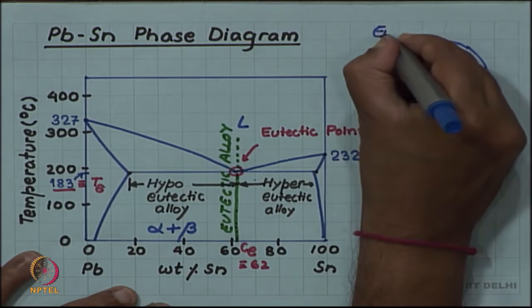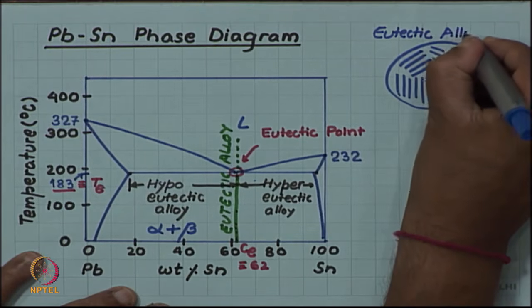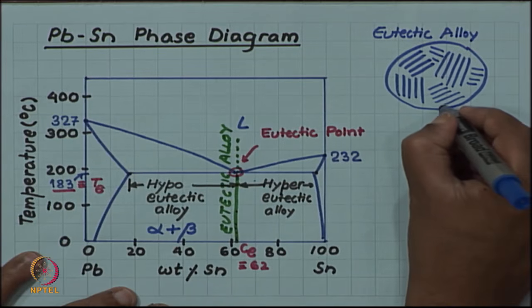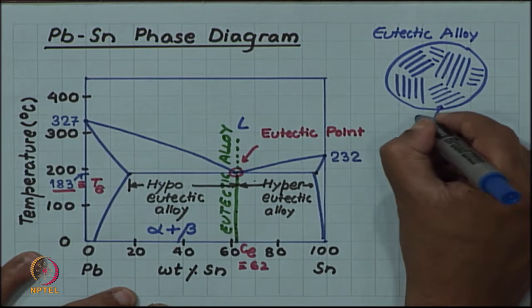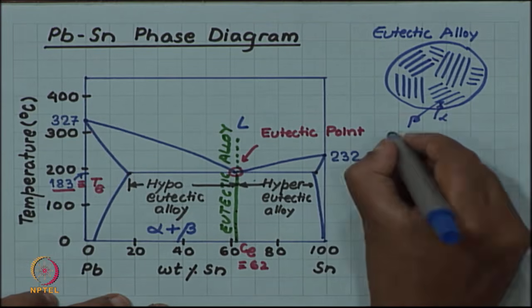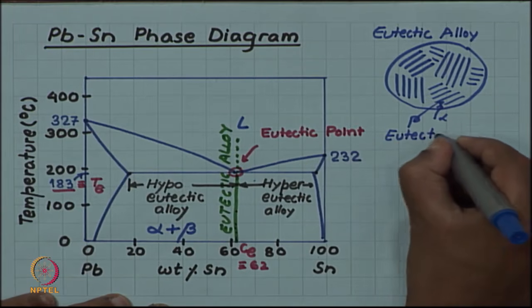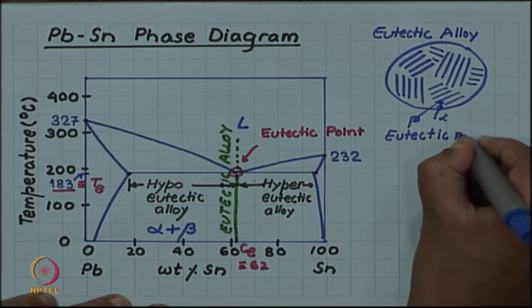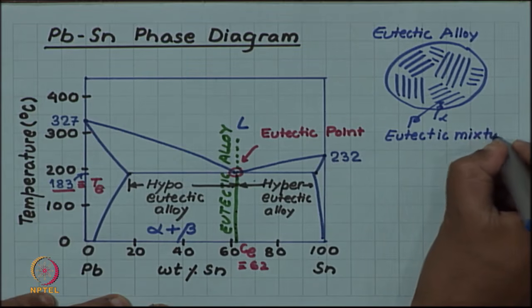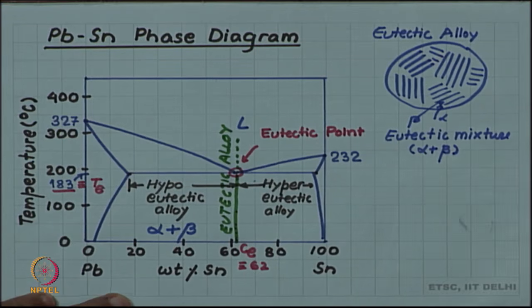This is the eutectic alloy. You have alternating plates of alpha and beta. This particular microstructure is called eutectic mixture. It is a mixture of alpha plus beta phase. So, eutectic mixture is not a phase, but a mixture of two phases.